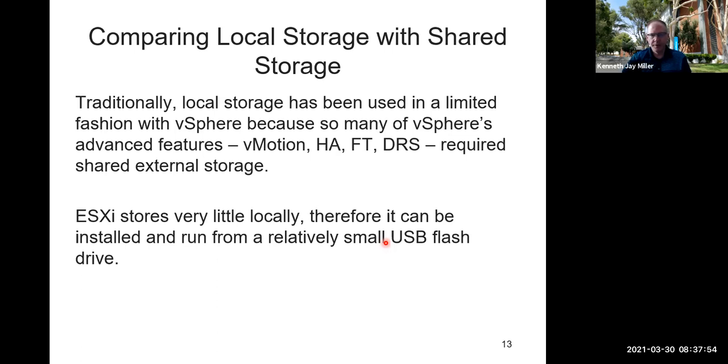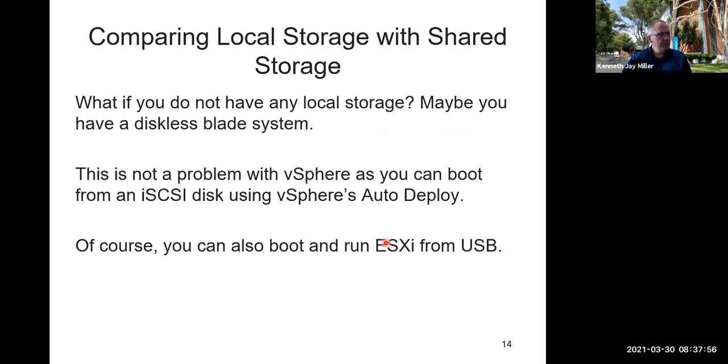So for our data store, it's local, but our actual hypervisor is running from a flash drive. What if you don't have any local storage, no USB, no internal hard drive? Then we can use a diskless blade system. They make systems that can boot and load an operating system or hypervisor, like VMware's ESXi, from a shared network drive.